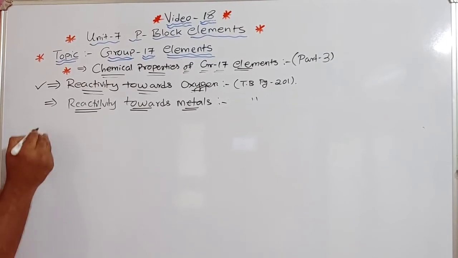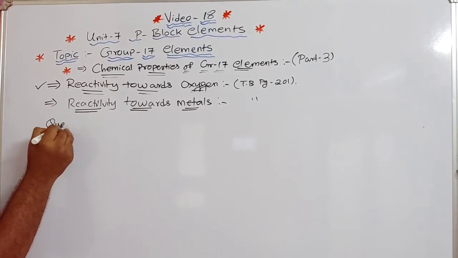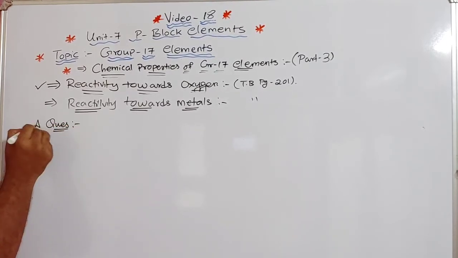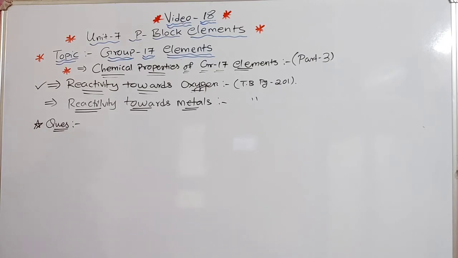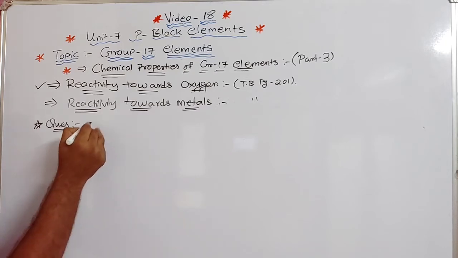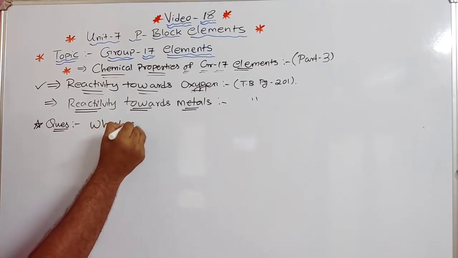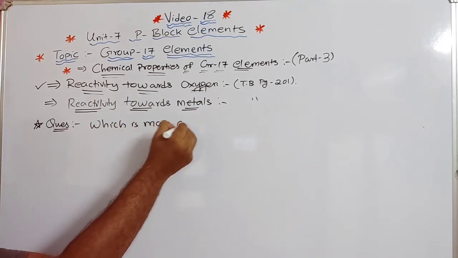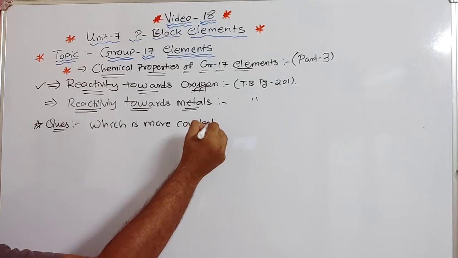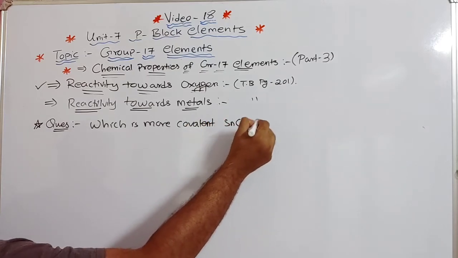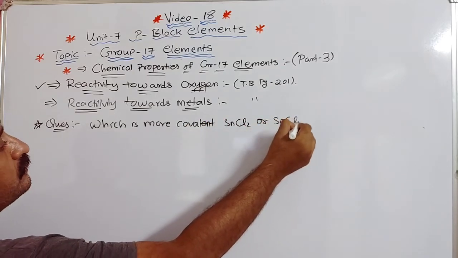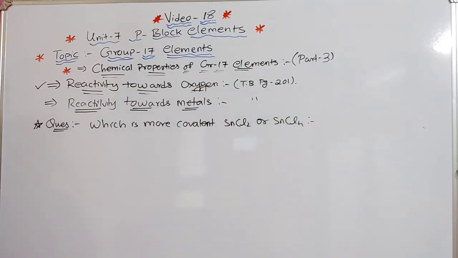Now one question can be asked. This is the most important question. Remember this thing in this metallic part only. That is, which is more covalent, SnCl2 or SnCl4? Okay, this is the question which is asked frequently.